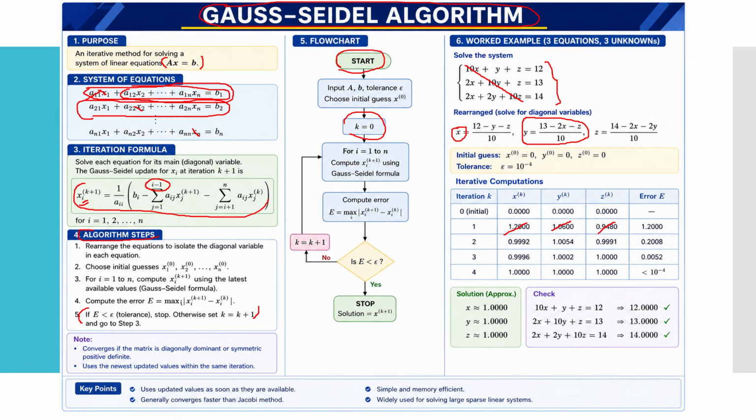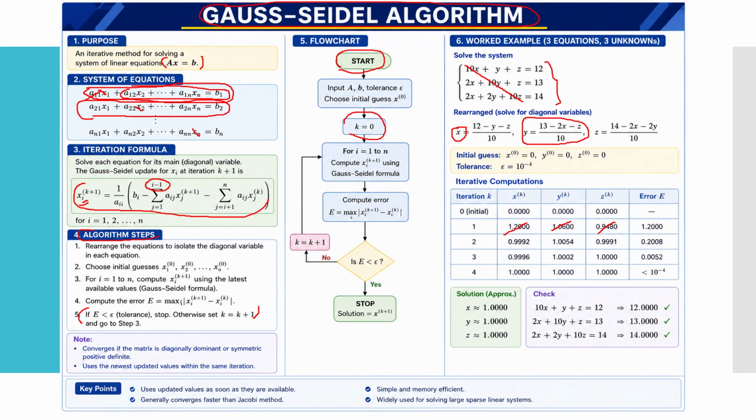Then for the second variable y, the initial guess is 0 and what we calculate is 1.06, so the error is 1.06. So this is the error for the first iteration. The maximum is 1.2.